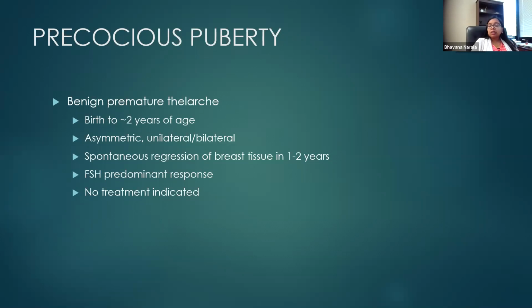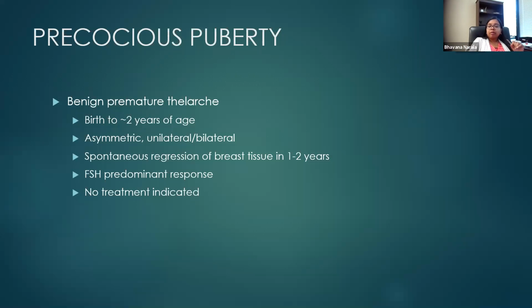And it's actually very easy to misdiagnose these kids as having central precocious puberty if you get FSH, LH during the first year of life, because they're going through a period called mini puberty of infancy, where their gonadotropins are actually in the pubertal range.